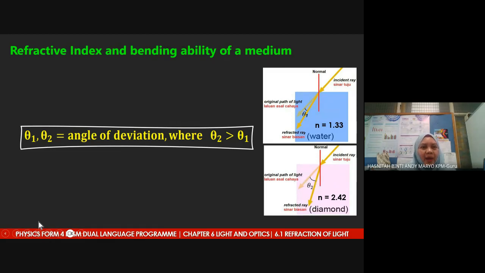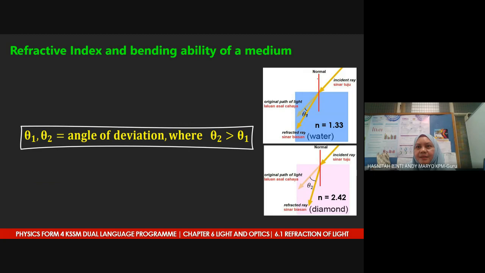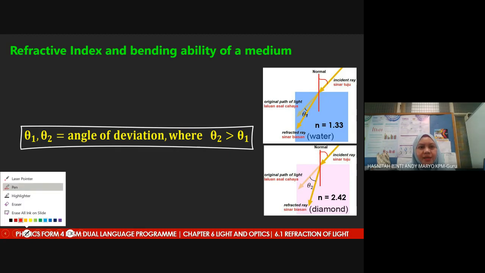So where is the angle of incidence and angle of refraction? Our angle of incidence is here. This is our angle of incidence, i. This is also our angle of incidence. The angle of incidence is equal. Where is our angle of refraction?